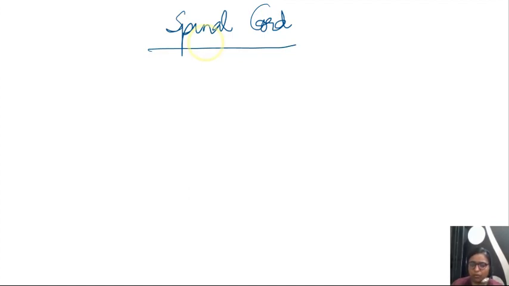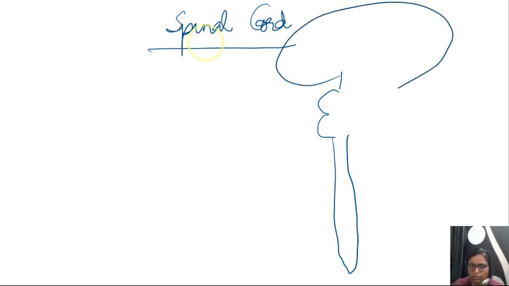And if we talk about where it is present, for example, we'll see the brain, pons, medulla, and this is your spinal cord, right? And this is your cortex. This is a very rough diagram, not an anatomical diagram, but for understanding the purpose.